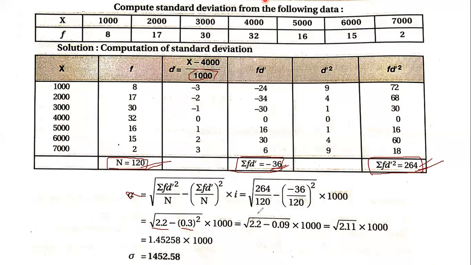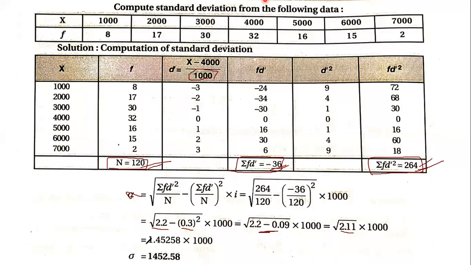Next step, square root of 2.2 minus 0.3 square, that is 0.3 into 0.3, gives me 0.09, into 1000. Next, 2.2 minus 0.09 is equal to square root of 2.11 into 1000.